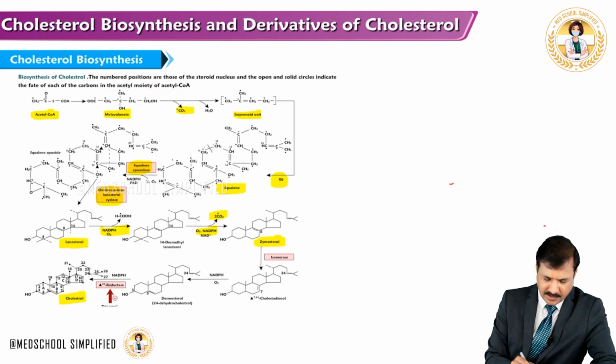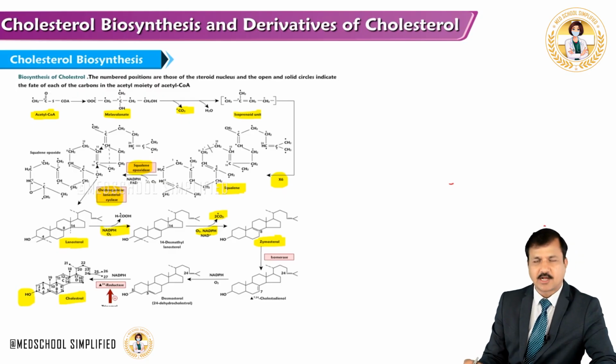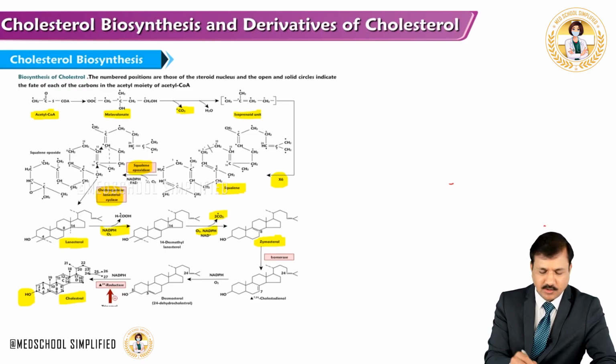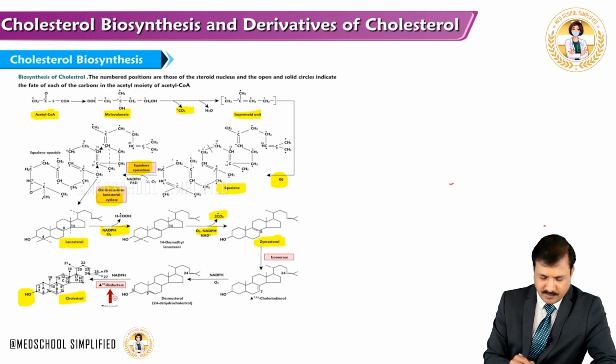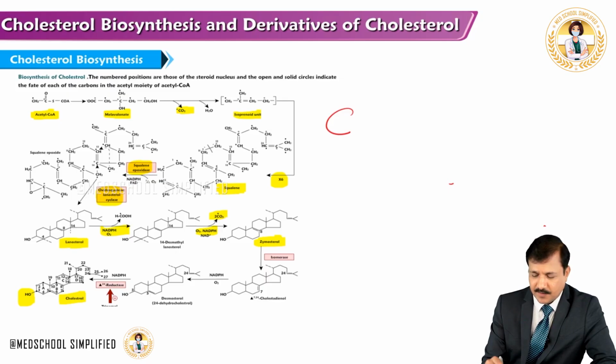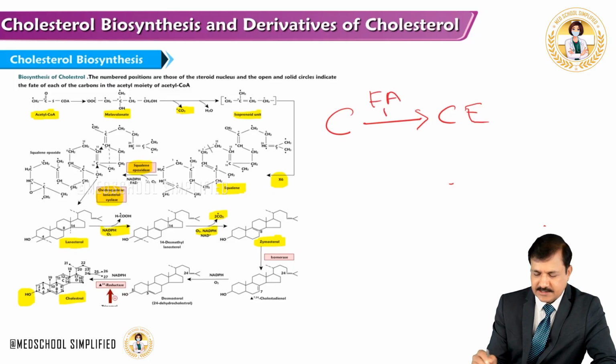As you see here, there is a hydroxyl group at the third carbon, and this hydroxyl group will be attached by a fatty acid by an ester bond to make a cholesterol ester. So the cholesterol will be converted into cholesterol ester after attachment of a fatty acid.